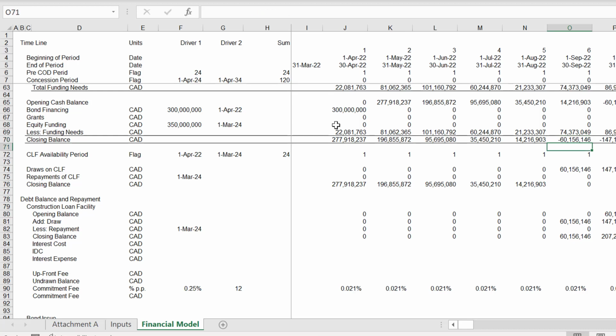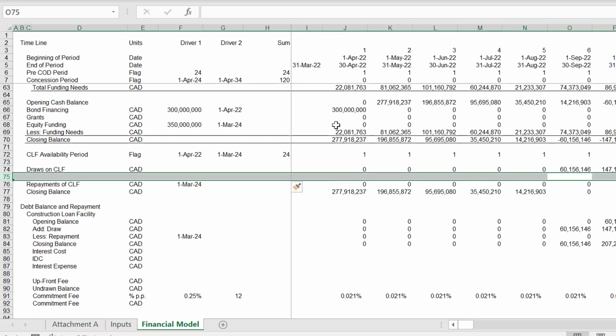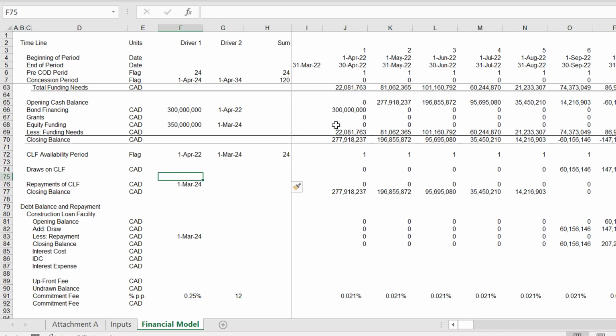We have a negative balance, and in this case, the funding need is the negative balance. But then what we should do here is put our cash balance after draws.